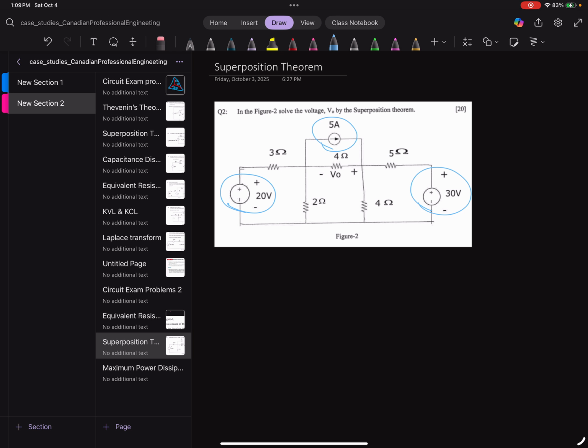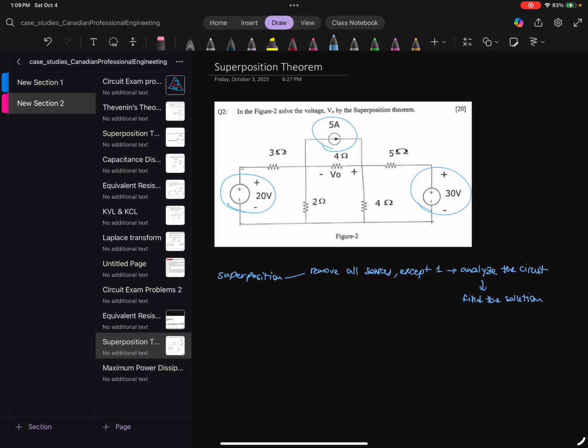So superposition theorem says, first of all, do this step by step: remove all sources except one, analyze the circuit, and then find the solution for that one.